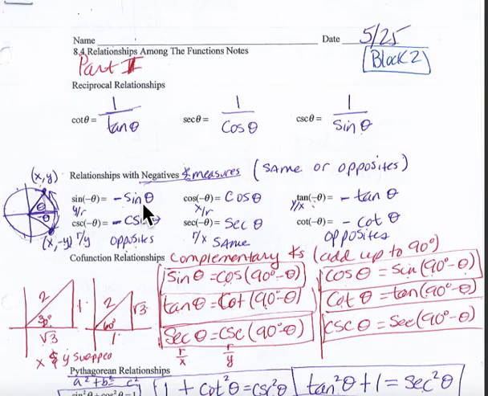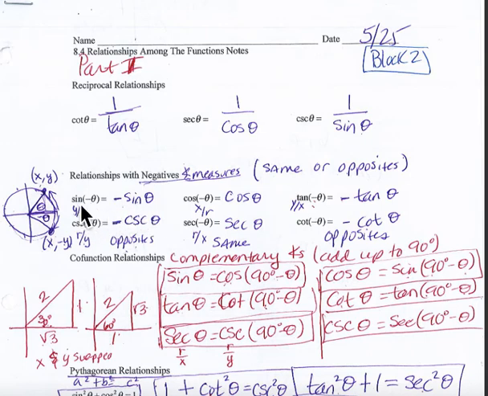If I use a positive angle rotation, I would end up here. These 2 points on the unit circle have the same exact x-coordinate, but the y-coordinates are exact opposites of each other. So therefore, the sine of negative theta is the exact opposite of sine theta. So we say sine of negative theta is equal to negative sine theta.